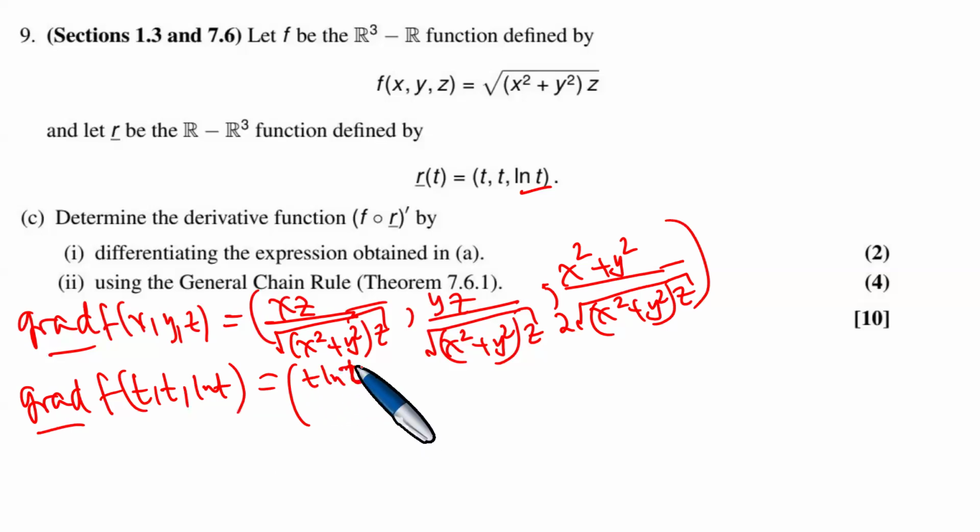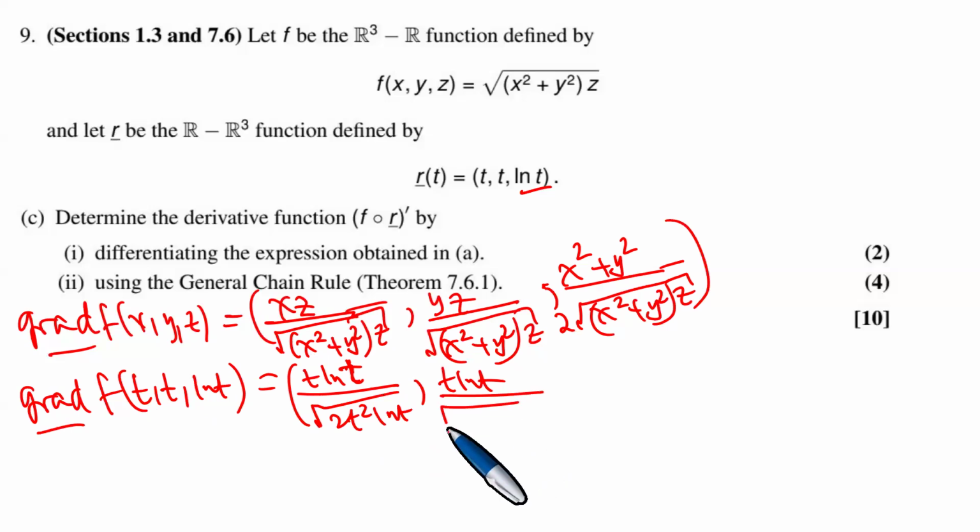So t ln t, you divide everything by the following. So we have t ln t, so it's 2t squared ln t. Okay, this one is x, y, z. So it's t ln t divided by, okay, this one is going to be t squared plus t squared, because x and y are both t, and then the z.